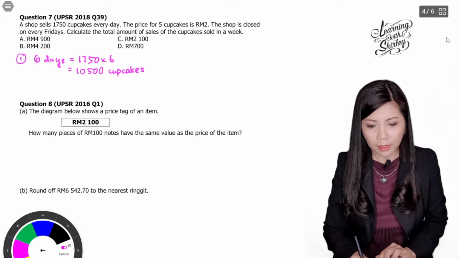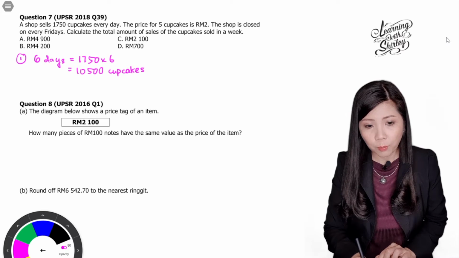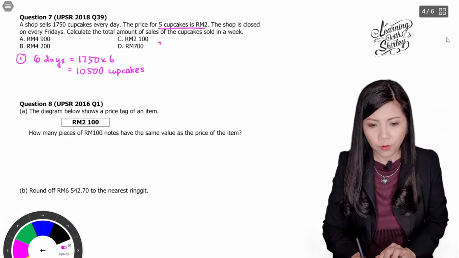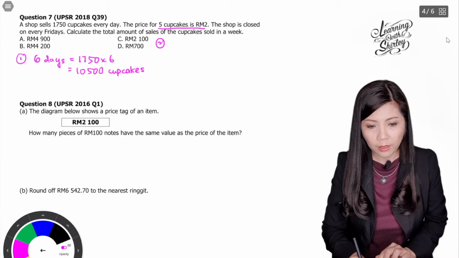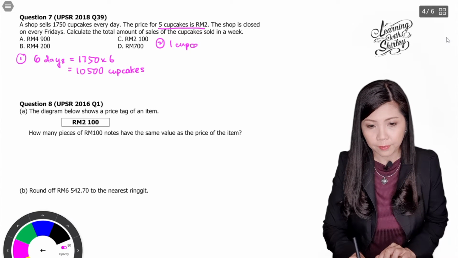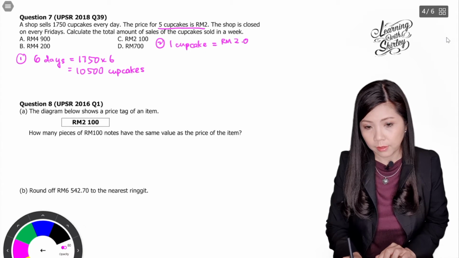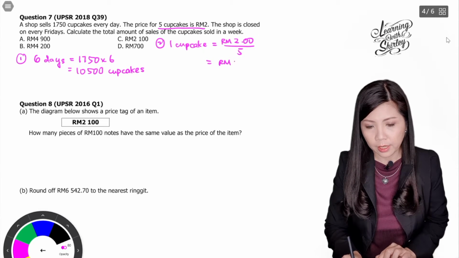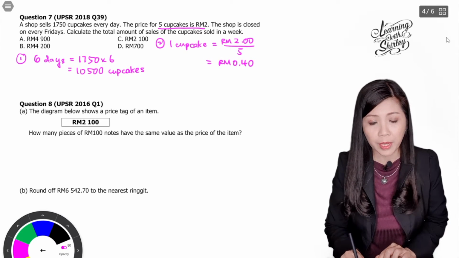Then the second step is to find how much is 1 cupcake. So 5 cupcakes is 2 ringgit. To find 1 cupcake, I'm going to use 2 ringgit divided by 5. So we get 40 cents for 1 cupcake.